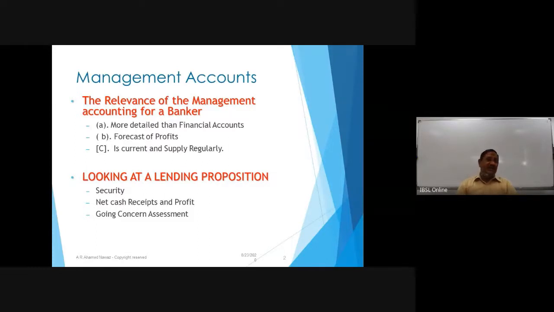The other thing is that management accounts are current. We need the latest position. For example, the financial statement you are getting is as of 31st March 2020, which is the latest position for you. But the information contained in that statement is for the year 2019.